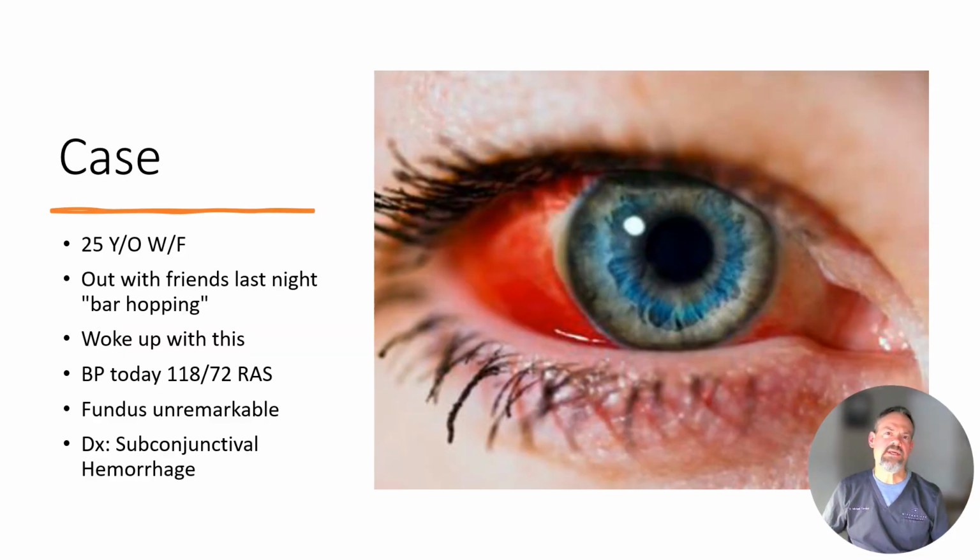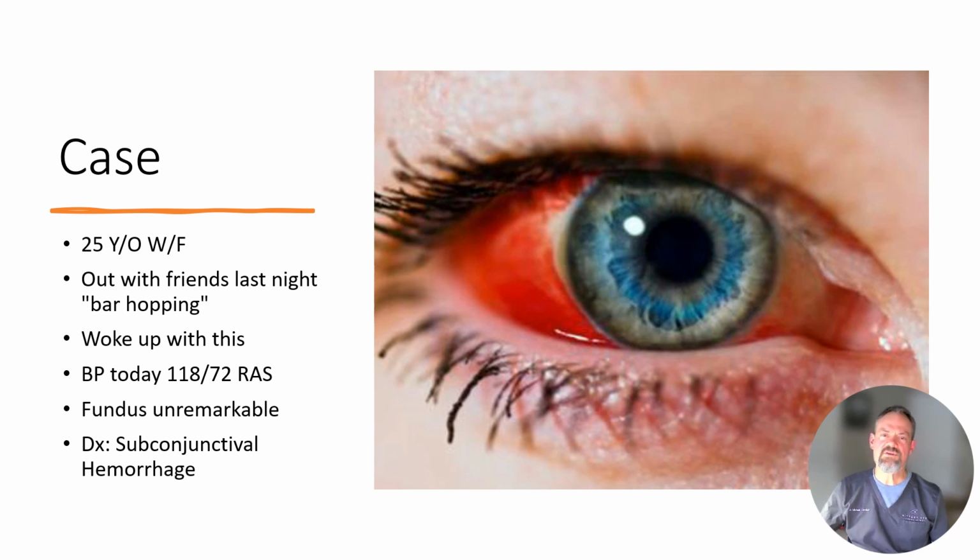Now that we've done a deep dive in levels 2 through 4 and the requirements, let's go through some case examples. So in case 1, we have a 25-year-old that was out bar hopping with friends the previous night, and she woke up with this red eye that she's concerned about. Her blood pressure and fundus evaluation are unremarkable, so we diagnose her with a subconjunctival hemorrhage.